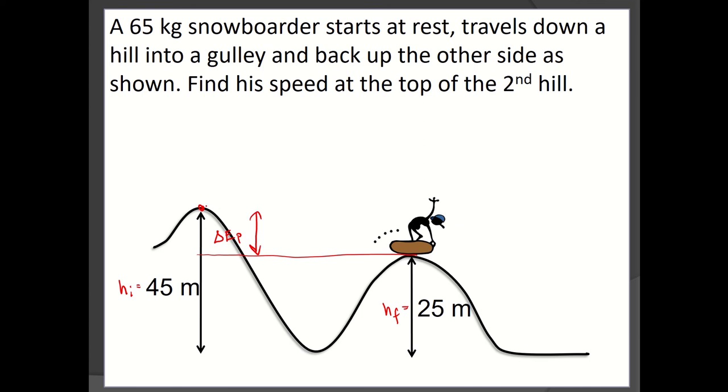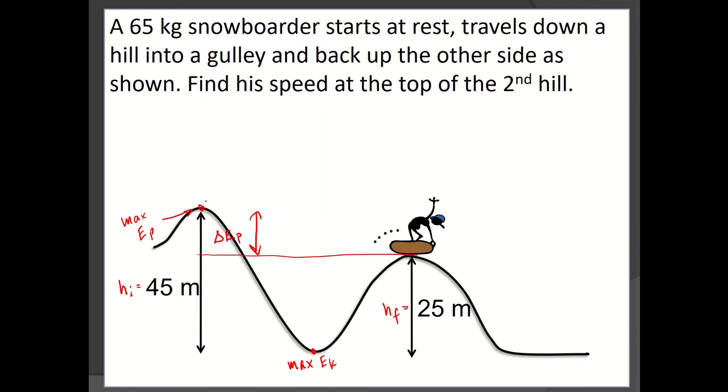All right, now as he leaves the top of the first hill, he's going to come down to the bottom. So this is going to be the maximum kinetic energy. At the first hill, this is the max potential energy right here, and down here is the maximum kinetic energy. On the second hill, he's going to have a mix of potential energy and kinetic energy. Again, we're assuming that this is a closed system with no loss of energy to friction or air resistance.